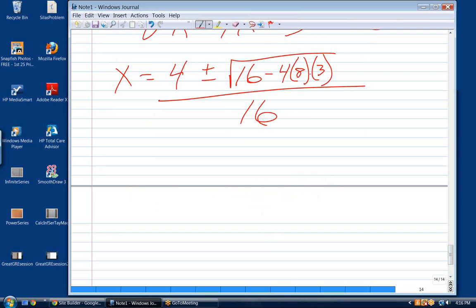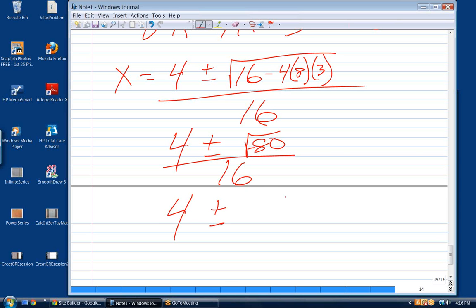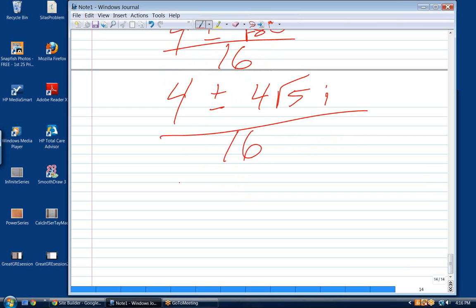Okay, what is this? That's 12 times 8, so that's 96. So this is the equivalent of 4 plus or minus the square root of negative 80, over 16, which is the equivalent of 4 plus or minus 4 root 5i over 16, which is 1/4 plus or minus root 5 over 4i.